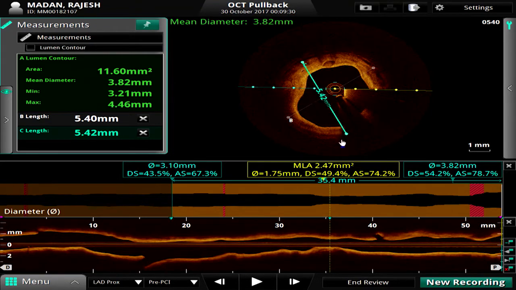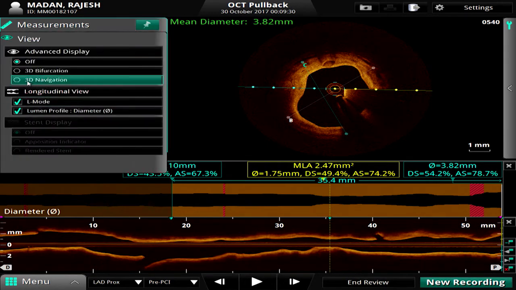Whatever measurements I could get, left main is a 5.4 millimeter vessel with a lumen of 3.8 millimeter diameter. We measured the length, whatever extent we could see of the left main, and it is 35.4 millimeters. So most probably we'll be taking a 38 millimeter stent to extend to the left main ostium.